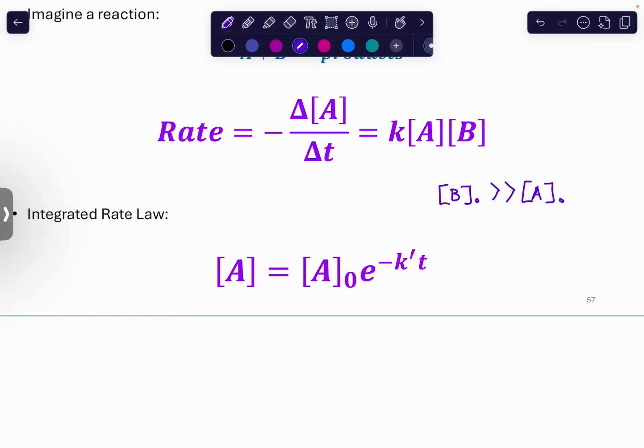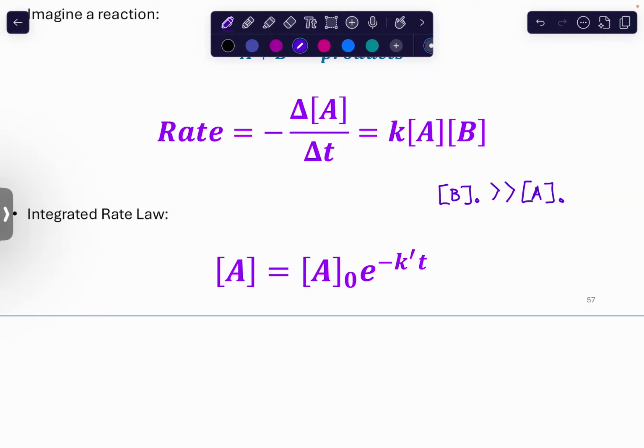No, because it's much greater than the concentration of A. So A will run out before B, you can't even notice any change. And so we call this B is in what? Very close. Yes, the chemistry word is excess. So this is a reaction where one of your reactants is in excess.